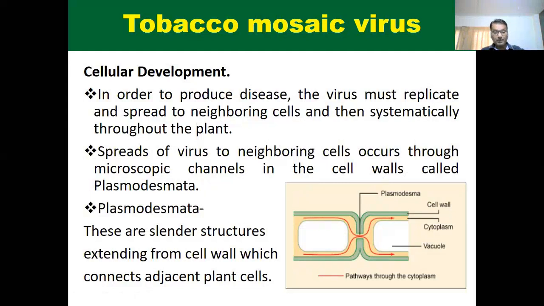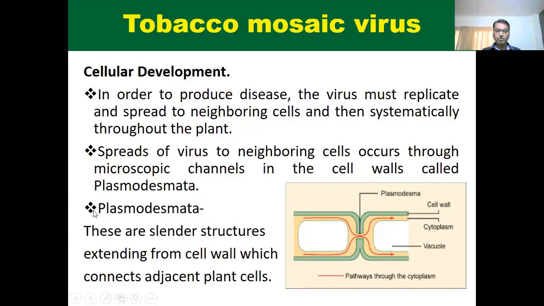So what are plasmodesmata, friends? Plasmodesmata are the cytoplasmic connections present between adjacent cells. One cell is in communication and contact with its neighboring cell. That contact is maintained through the channel we call plasmodesmata.